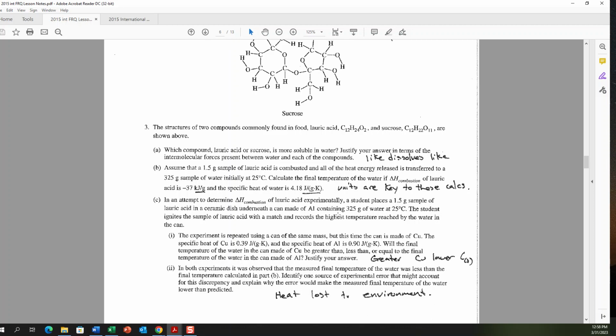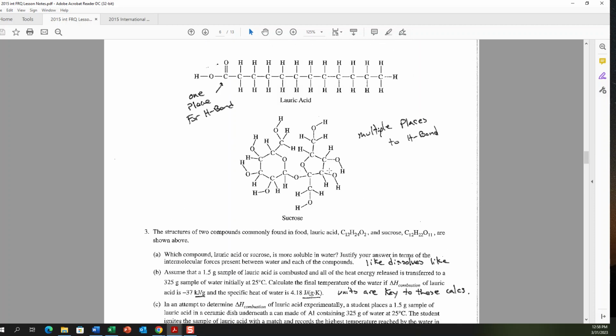It's about similar IMFs. So remember, like dissolves like. They're both polar, and they both have hydrogen bonding. So they're both similar in terms of water, like dissolves like, but the sucrose has way more places where hydrogen bonding can occur. So I would expect the sucrose to be more soluble.